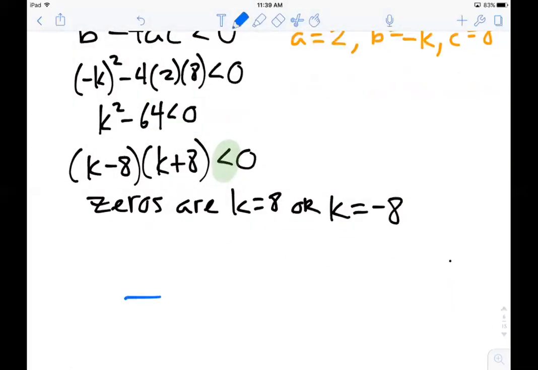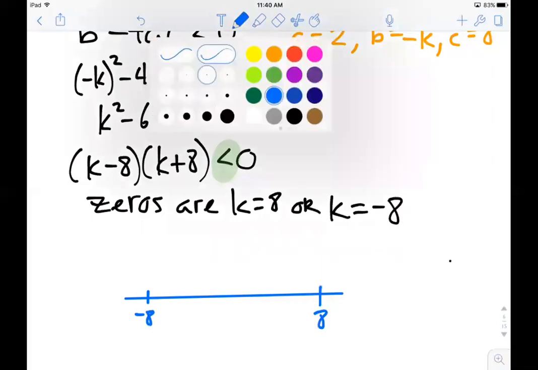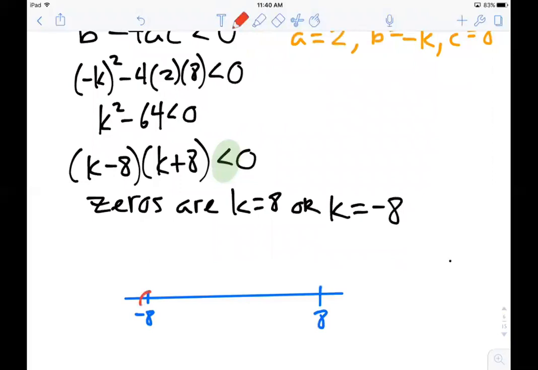And then again, when I say graph, I just mean on a single number line. So we'll put negative 8 down here somewhere. We'll put positive 8 up here somewhere. And it's never going to be equal to either of those, which means I'll put open circles in both spots. It'll never be equal to them, but it can be any value in between them, as long as it's a little bit less than 8 and slightly more than negative 8.